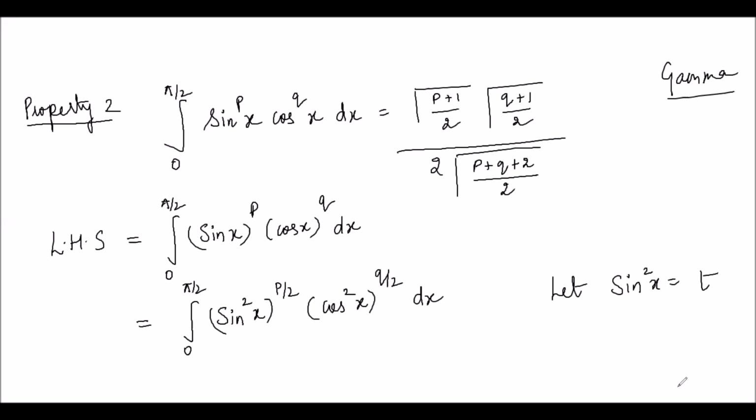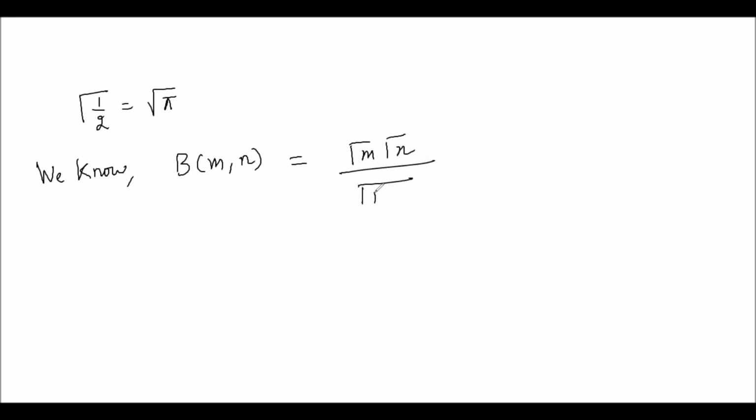We have one more property which we discussed in our previous video, that gamma of 1 by 2 is square root pi. So this result will be used. We know that beta of m, n is gamma m, gamma n, divided by gamma of m plus n. Consider m and n both as 1 by 2.